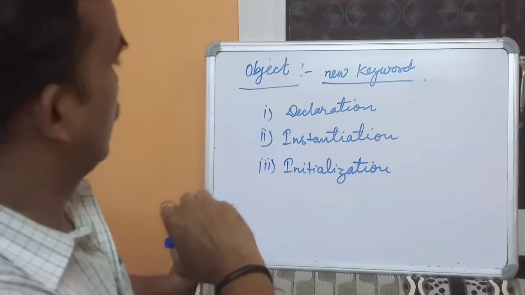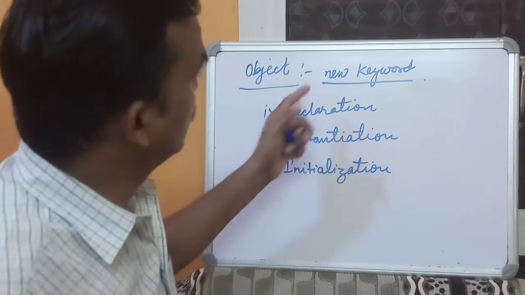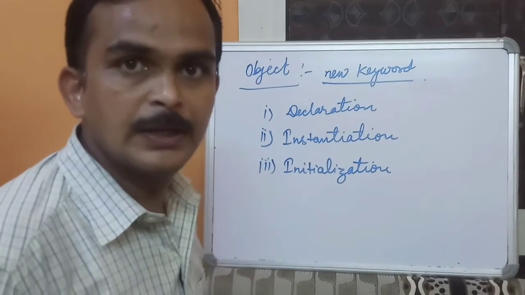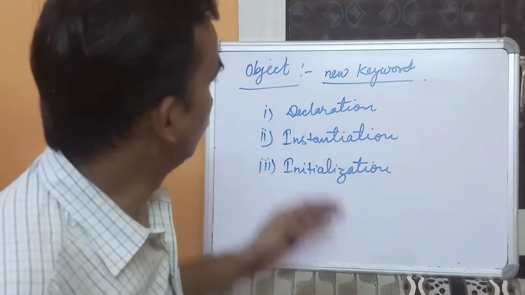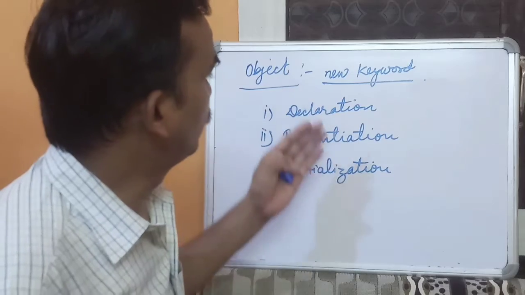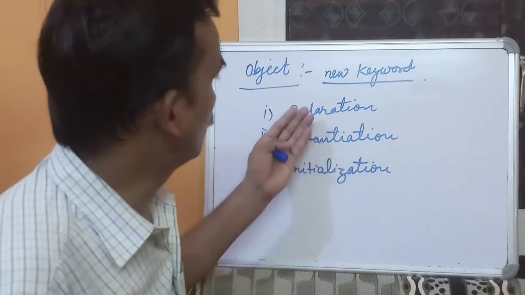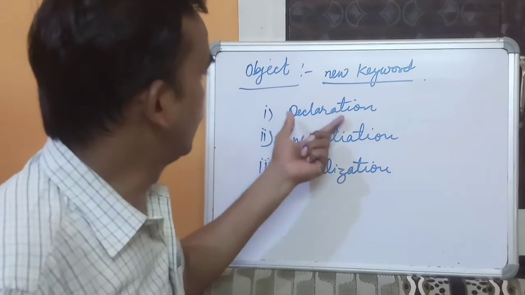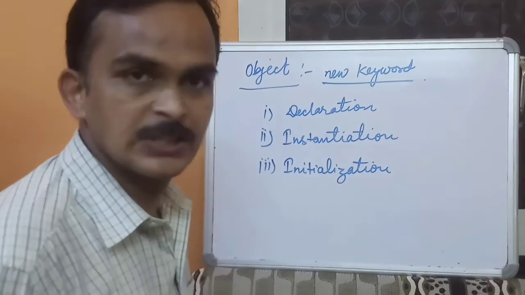When we create an object using the new keyword, we have to fulfill the requirements of three sections: declaration, instantiation, and initialization.